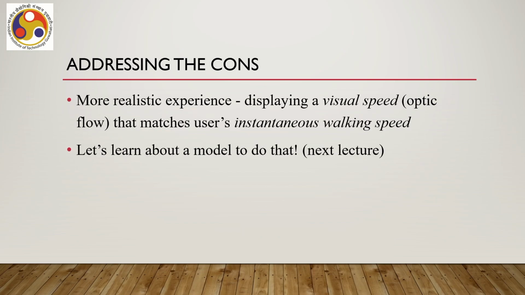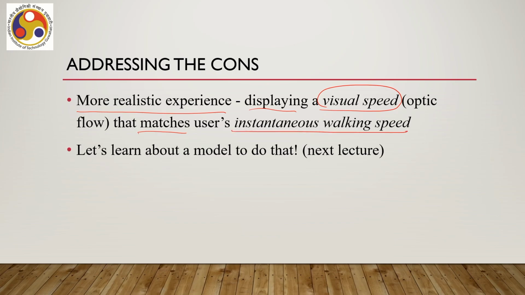Now, our objective is to have a more realistic experience. In other words, we are trying to display a visual speed or optic flow that matches the user's instantaneous walking speed.